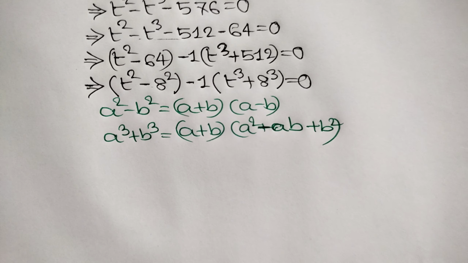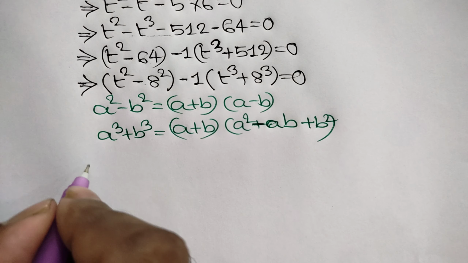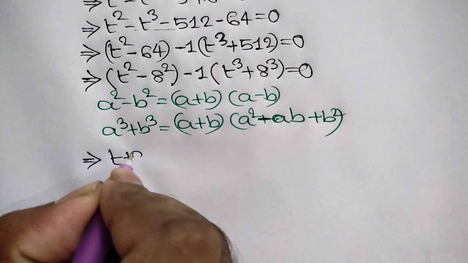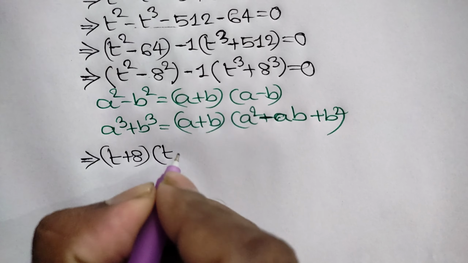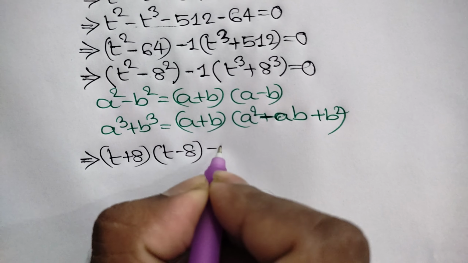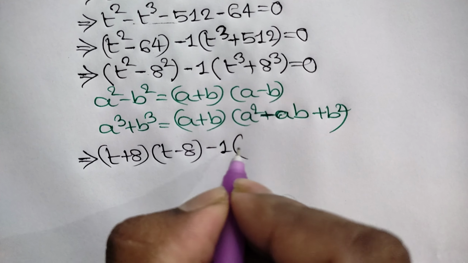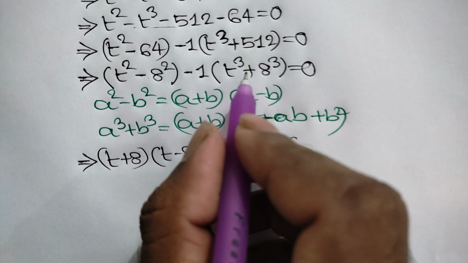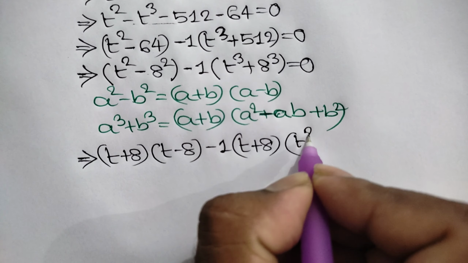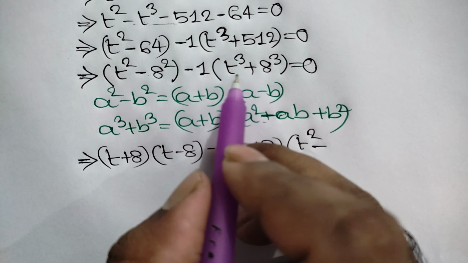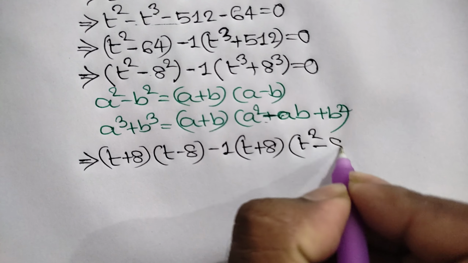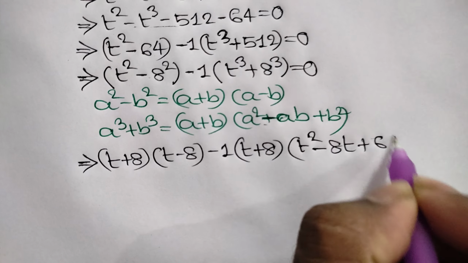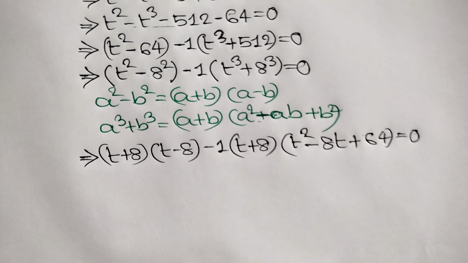Now applying these rules, we can write t plus 8 times t minus 8 minus 1 times t plus 8 times a square, that means t square, minus ab, that means t times 8, 8t, plus b square, that means 8 square, that means 64, is equal to 0.